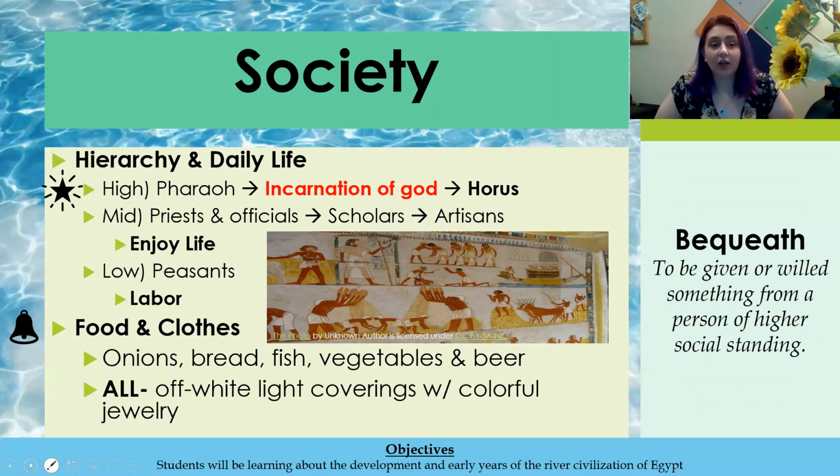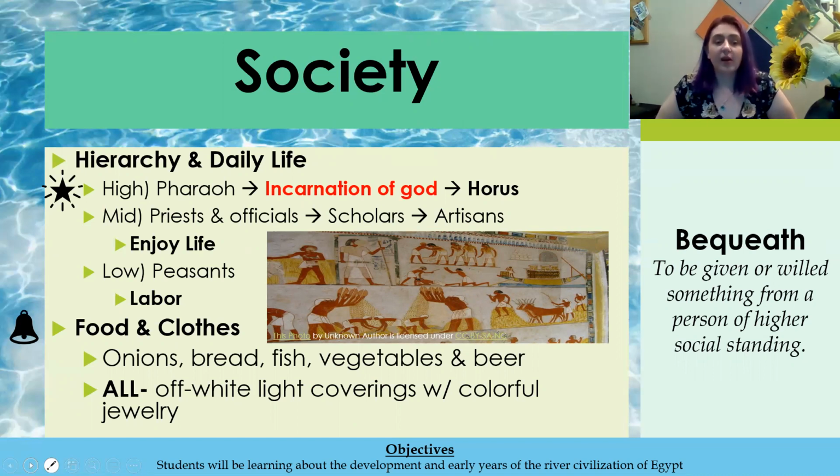The head of the hierarchy is the pharaoh or the king, who is an incarnation of a god, specifically Horus, one of the high gods of seasonal benevolence, in charge of the recurring patterning. It makes sense: they're all about that recurring cycle, so the pharaoh, the head of society, was also about that recurring pattern.